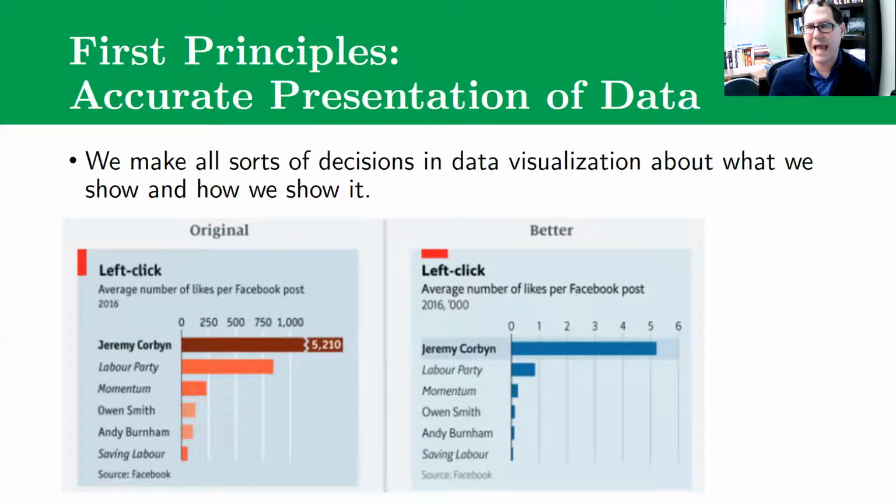Whereas in the second graph on the right, instantly it's clear how much more engagement Jeremy Corbyn is getting over all other British Facebook political pages that might be considered, right? So accurate presentation of the data isn't just that we bury the details in there and people can find them if they dig. It's when you glance at it, can you see the correct pattern and intuit the correct pattern of what's happening?